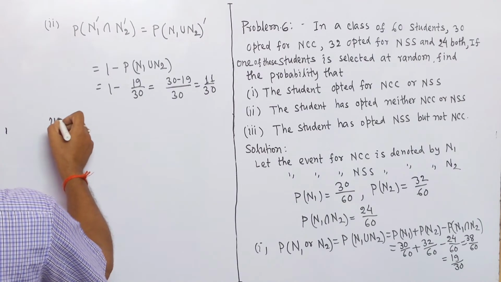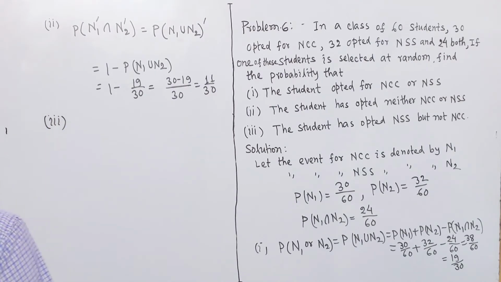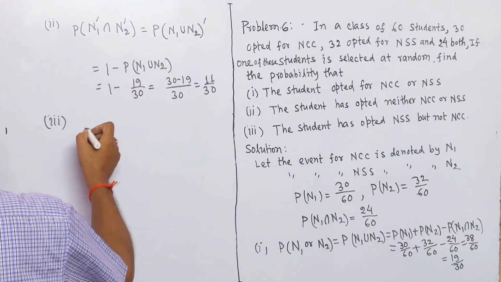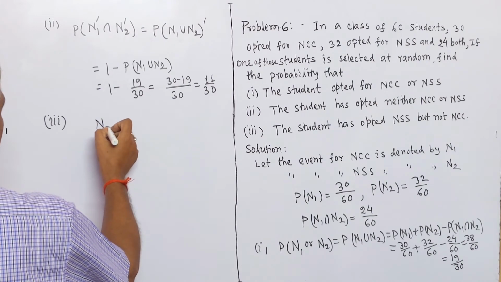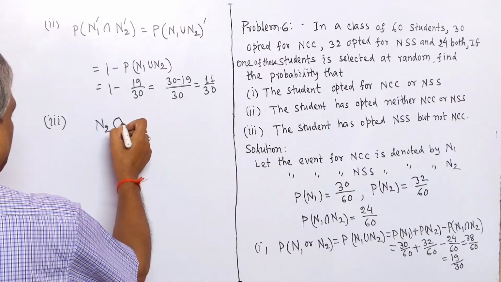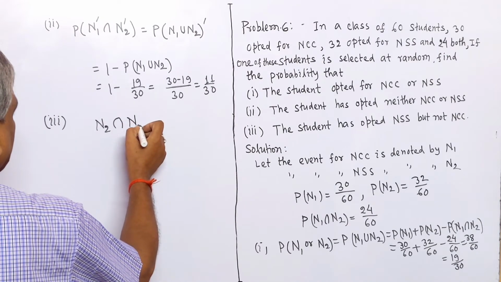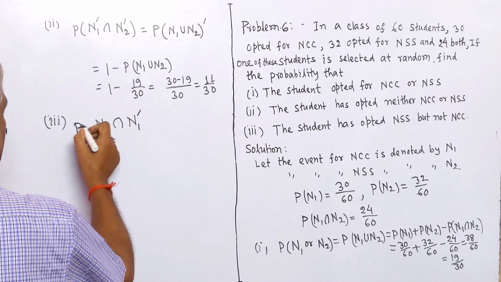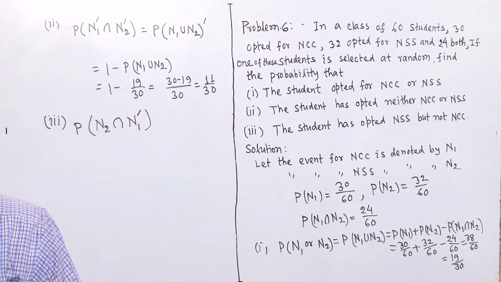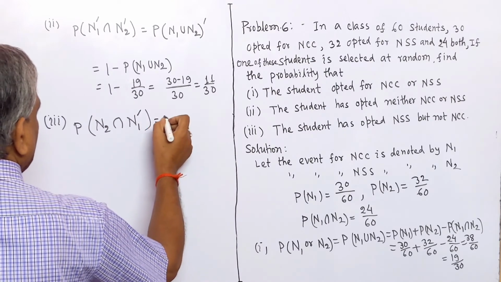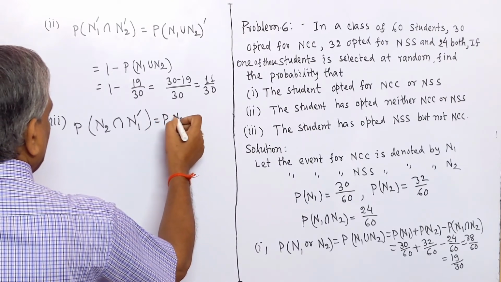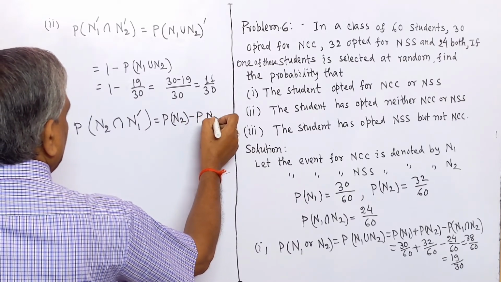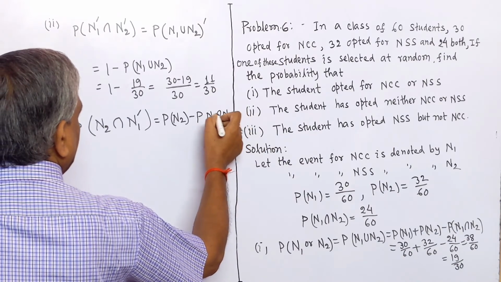Number 3, the student has opted NSS but not NCC. NSS means N2 but not NCC means N1 prime. So P(N2 intersect N1 prime) means P(N2) minus P(N2 intersect N1).